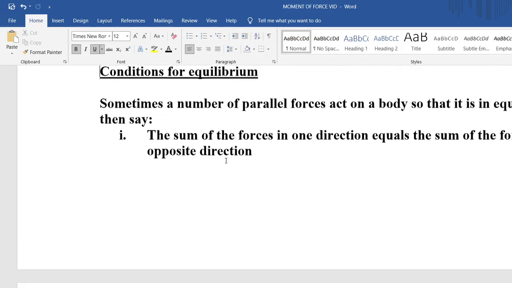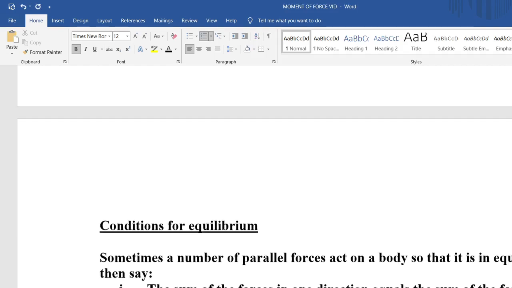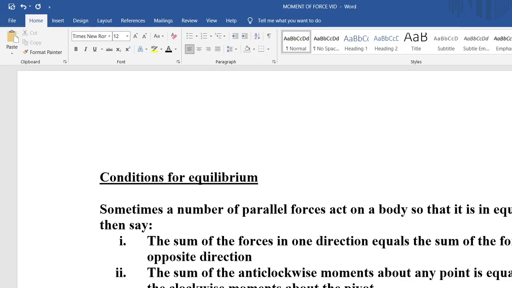Now there are two conditions for equilibrium. The first is the sum of the forces in one direction equals the sum of the forces in the other direction. I used this example initially, saying that vertically you're not moving upward or downward because you're in a state of equilibrium: the force you're applying to the chair you're sitting on, or desk or bench, is equal and opposite, so you won't be moving.